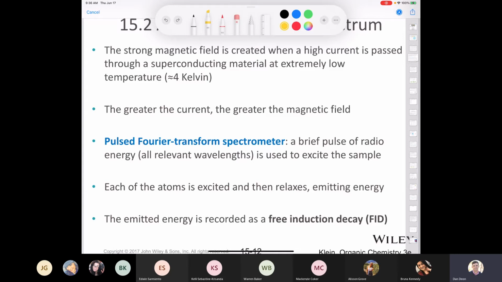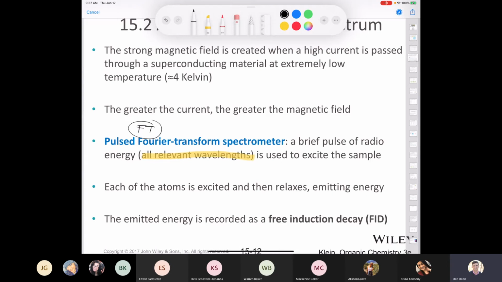Now, what we use nowadays is called a pulsed Fourier transform spectrometer, which we normally call an FT spectrometer, Fourier Transform. And what we do is we take our NMR sample and we hit it with a pulse of radio energy, so every relevant wavelength that's going to cause the excitation of the sample.